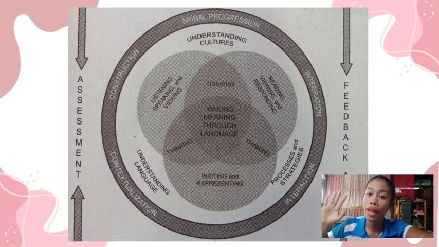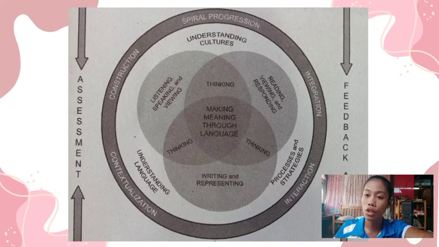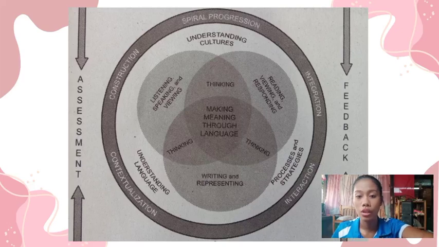As they move up, they practice reading comprehension, writing paragraphs, and joining group discussions. By the time they reach senior high, of course, they are expected to analyze text, write essays, and deliver oral presentations. In short, the framework ensures that English learning is systematic and progressive. So by the end of grade 12, learners are ready for higher studies, work, and even global communication.